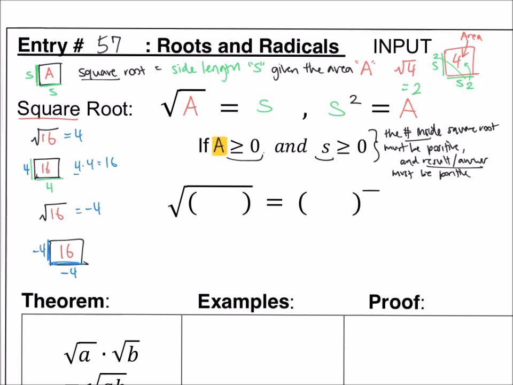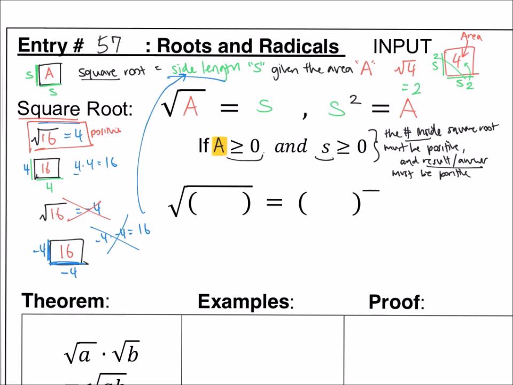That doesn't exist in our world. So even though negative 4 times negative 4 can give you an area of 16, it doesn't work in our definition of square roots as a side length. So you can't have negative 4 as an answer. You can't get the square root of 16 equals negative 4. You can only get the square root of 16 equals positive 4.